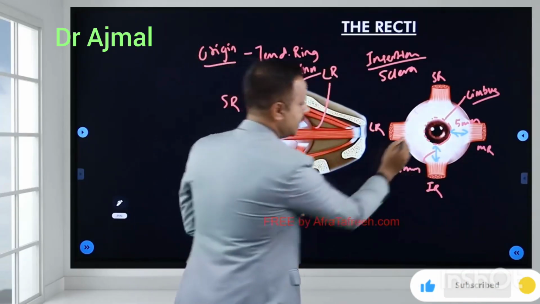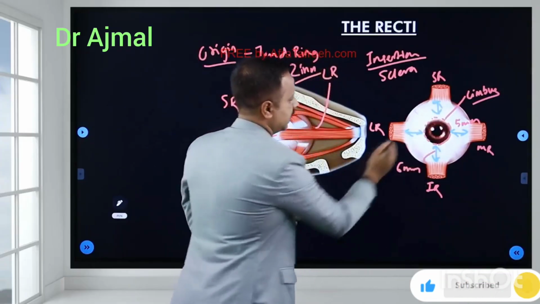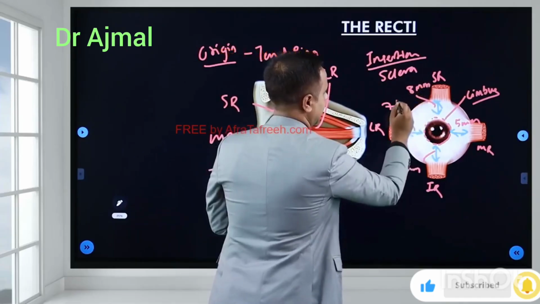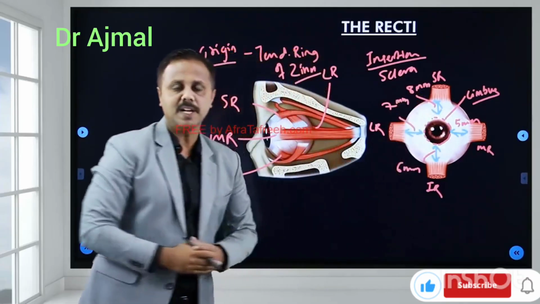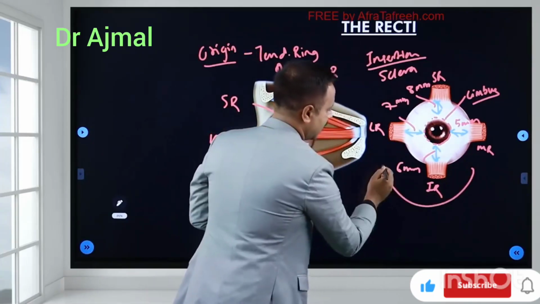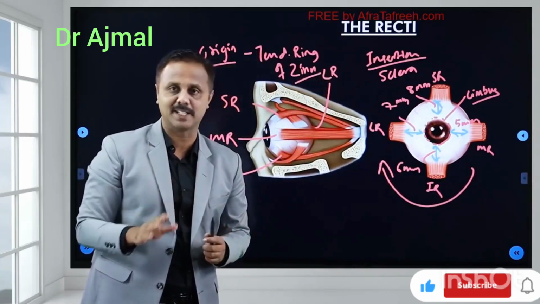Right? Then this distance is about 7 and 8 mm respectively. So you can remember this easily. All you need to do is, you need to go in a clockwise direction and increase the distance by 1 mm each. Right?